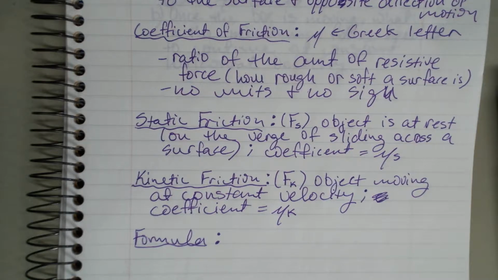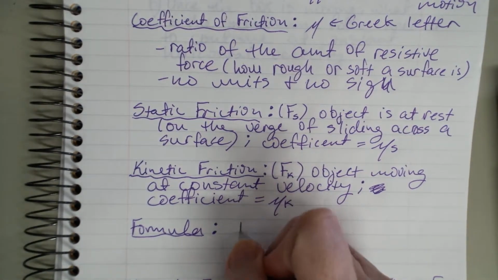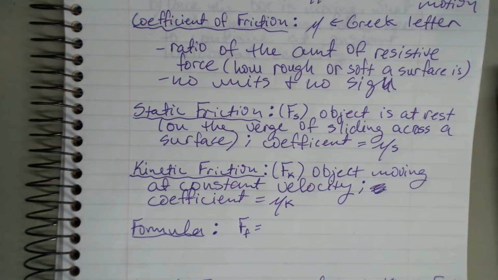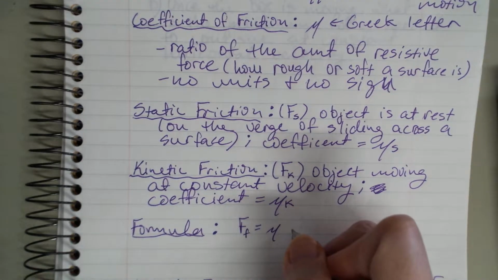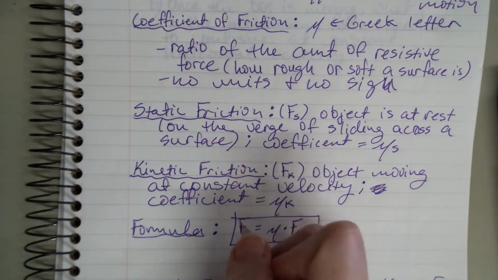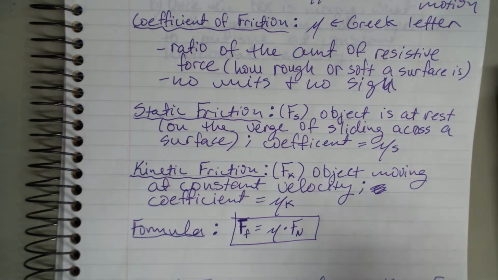Okay, so then we have a formula for friction, and it is relatively easy. Friction is F, what we've been labeling it on our force diagrams, and that's equal to mu times Fn. This equation is a new equation that we're going to use, but it's on your formula sheet.